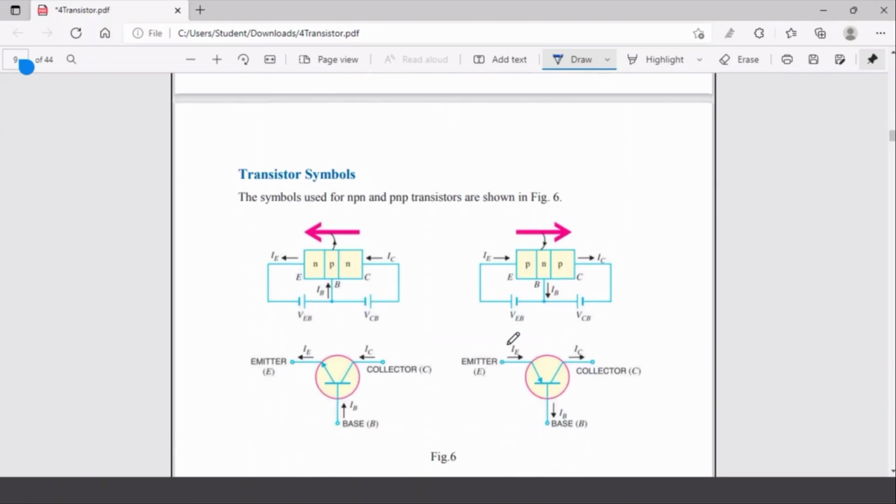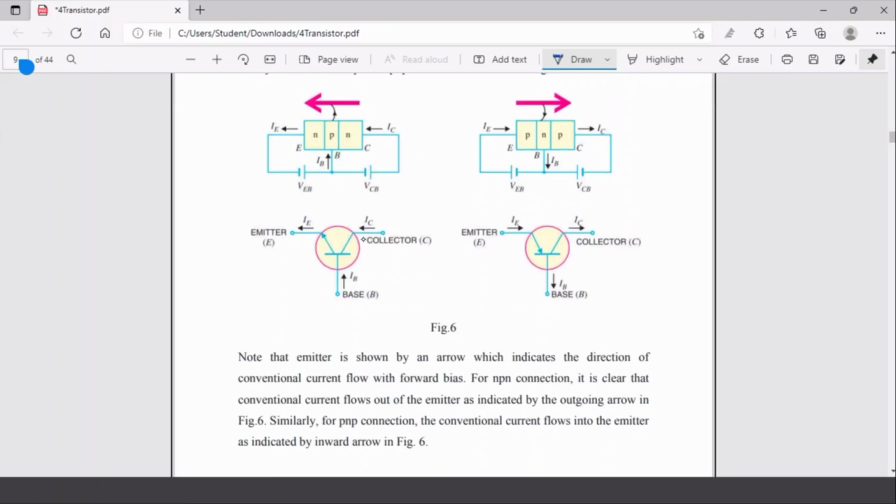Let us see how it is actually amplifying. Regarding the symbols, this is the transistor symbol we have already seen, NPN, PNP, representing the emitter, base and collector. Since it is N, P and N, we know that the PN junction should be forward bias. That means the current will always flow from P to N, right?